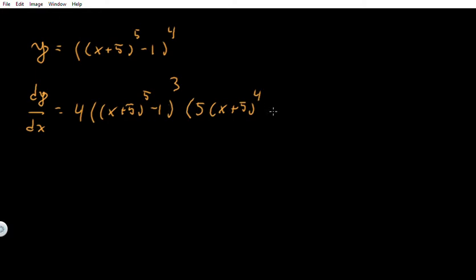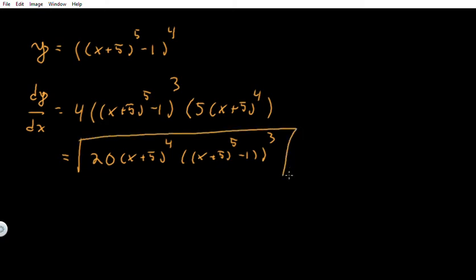And the minus 1 just becomes a 0 when you differentiate it. So this simplifies to 20 times x plus 5 to the fourth, multiplied by x plus 5 to the fifth minus 1 to the third power. And this would be your derivative with respect to x.